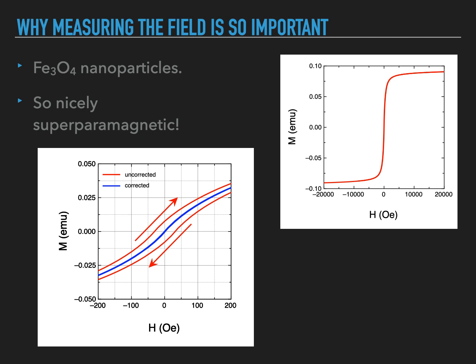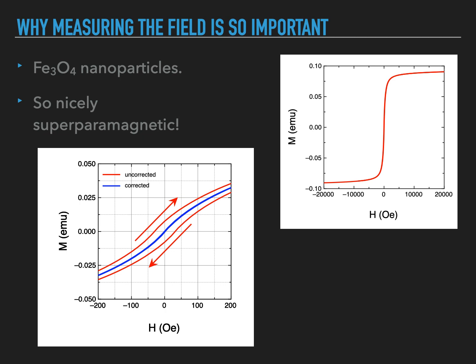This is more or less what you see with the red curve in the graph to the right. It really seems that the nanoparticles are superparamagnetic. But if you magnify the curve again, you see that you display some hysteresis, and that hysteresis is again reversed. So, once more, you are looking at the hysteresis effect of the superconducting magnet.